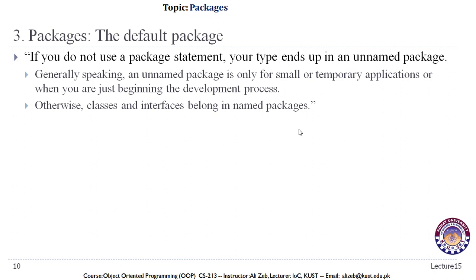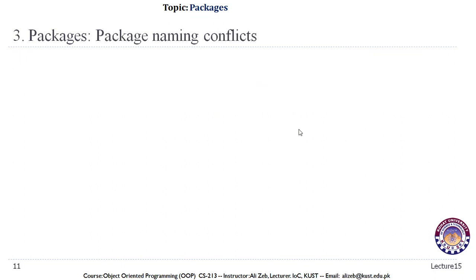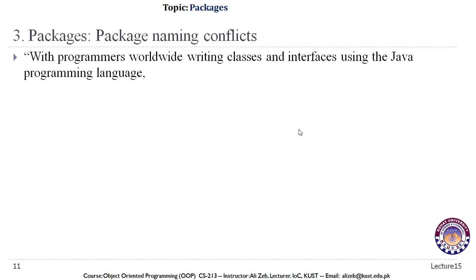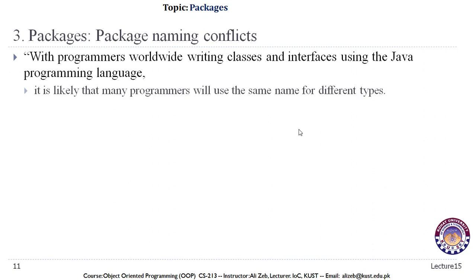Otherwise, classes and interfaces belong in named packages. We should always create our package first, and then we can include classes, interfaces, and other types that we want to use in that program. Package naming conflicts: with programmers worldwide writing classes and interfaces using the Java programming language, it is likely that many programmers will use the same name for different types.